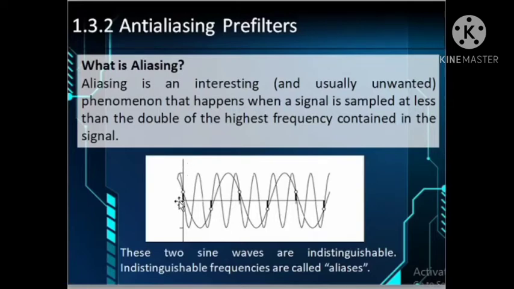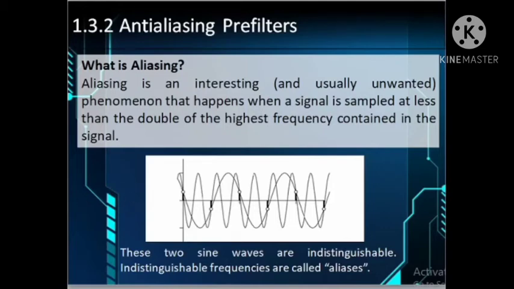If you have aliasing, you get indistinguishable frequencies. As you can see in the picture, it looks distorted, not smooth, not a perfect graph. Those are aliases or jaggies.